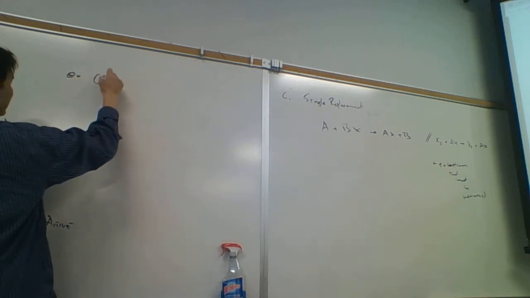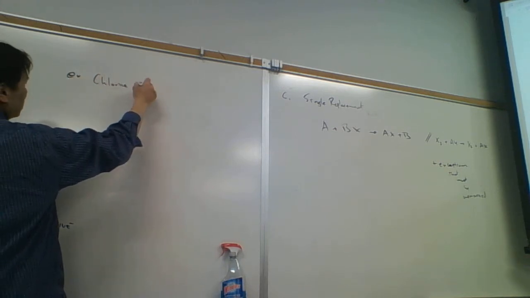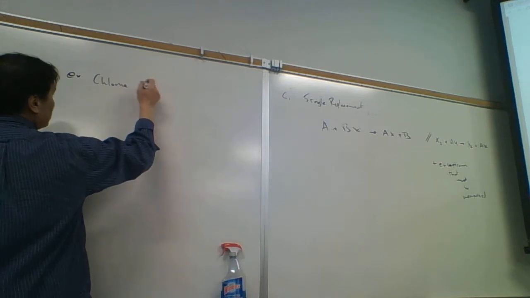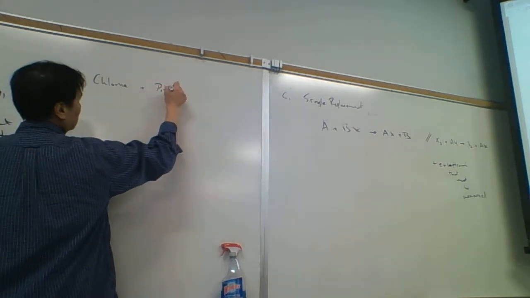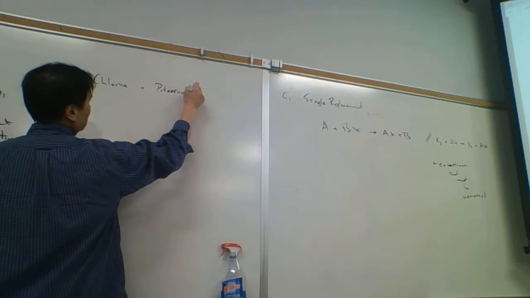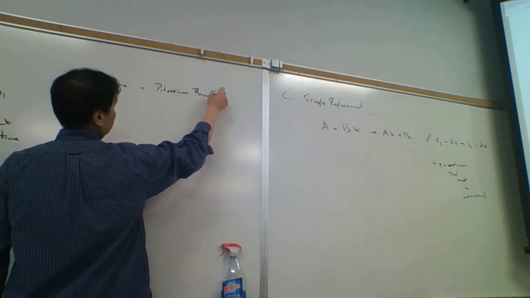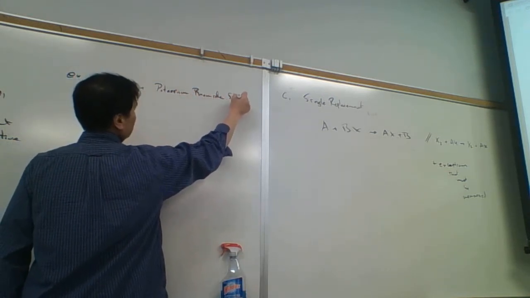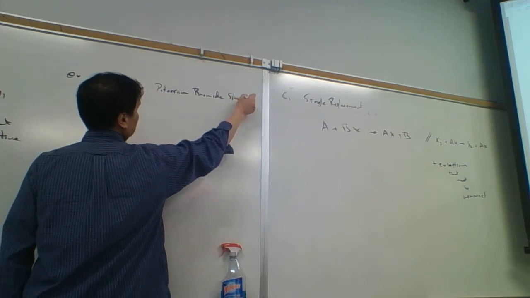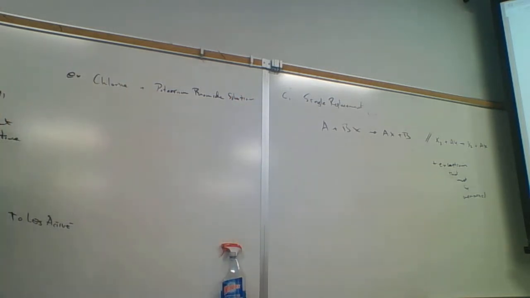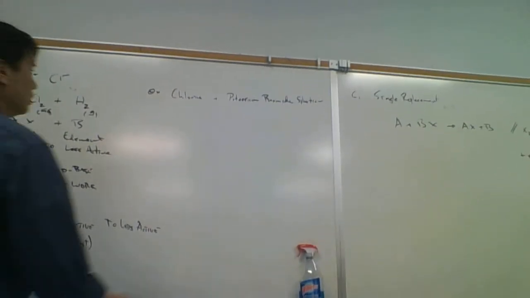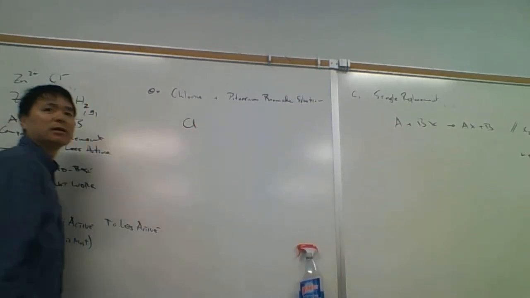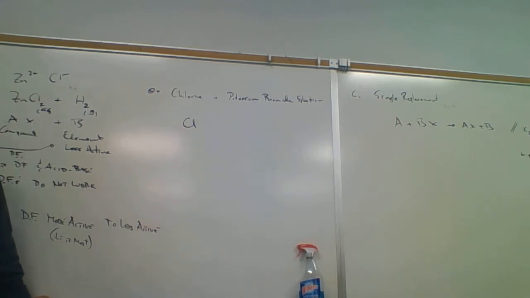Next example I'll do is chlorine plus potassium bromide solution. What's the formula for chlorine? Cl. Is it stable alone like that, or does it like to form diatomic molecules?